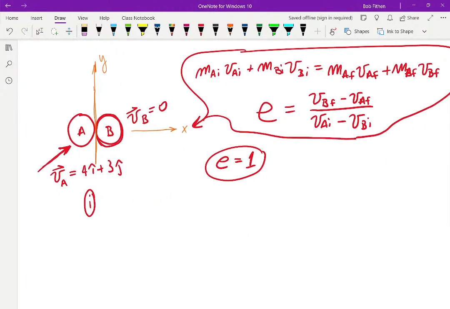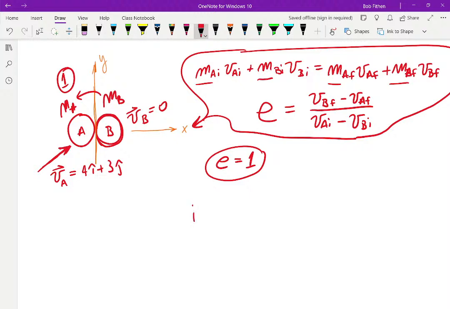So, what do we do? Here's what we do. We look at this, first of all, let's say, just for a simplification, mass A and mass B are going to be the same, and we'll just make them a unit. It doesn't matter what they are, because if they are the same, they can be divided out of this equation.